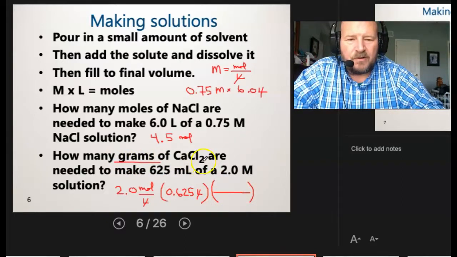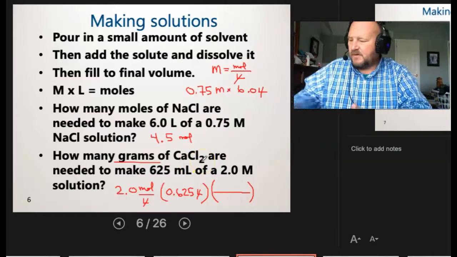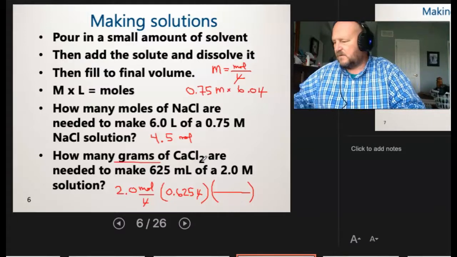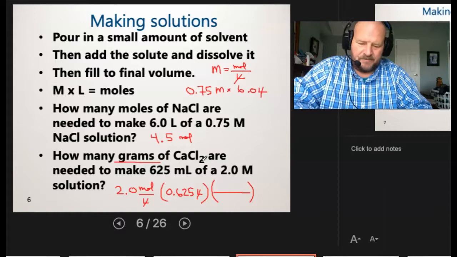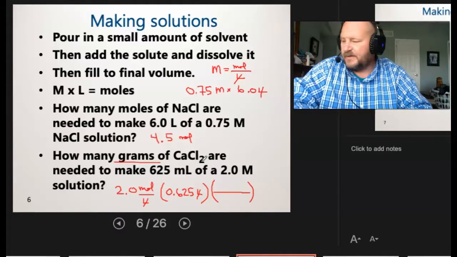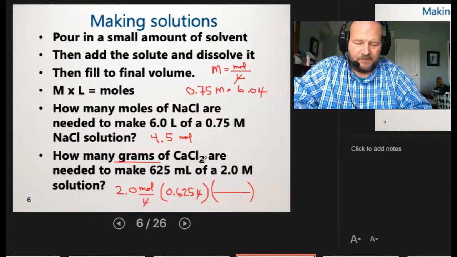So the next step is I'm going to get the molar mass for calcium chloride. So calcium is 40.08. Chlorine is 35.45.